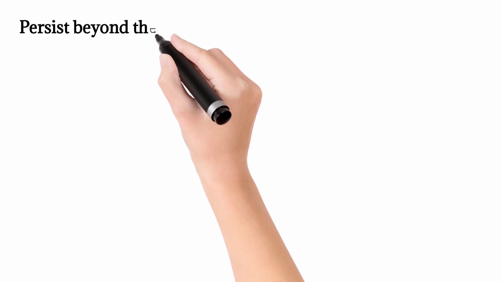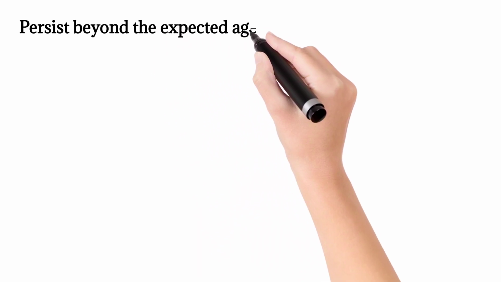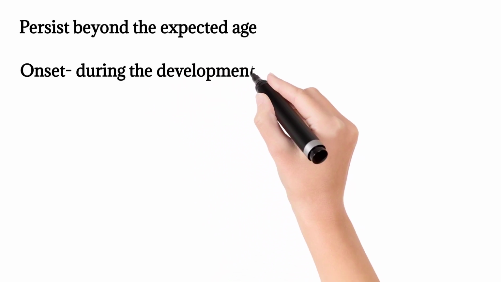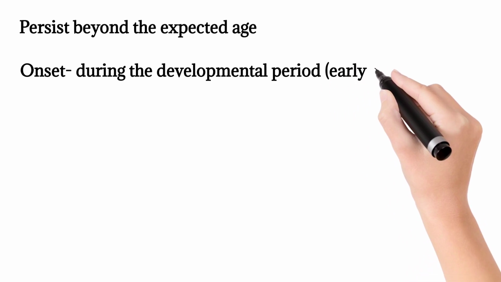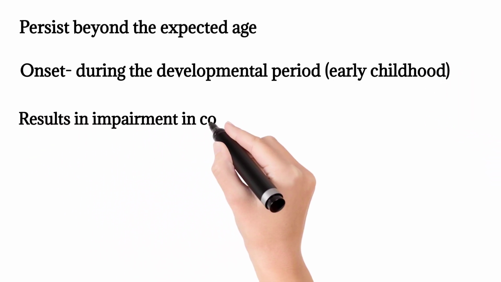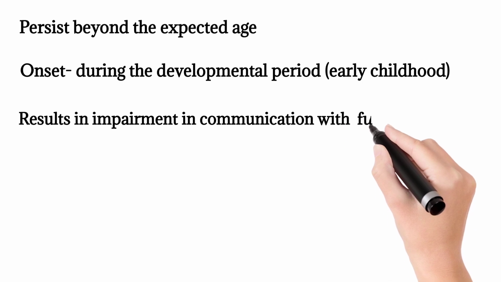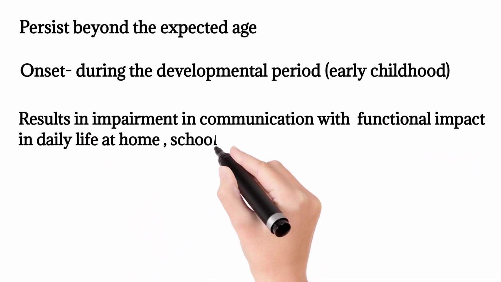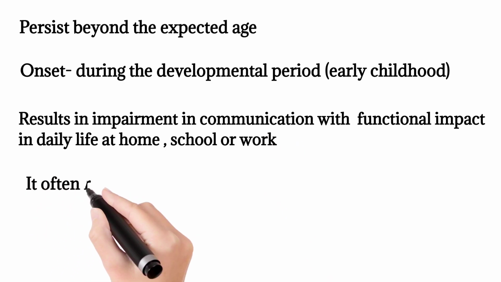It also persists beyond the expected age. Onset of language difficulties occurs during the developmental period, typically during early childhood, and it results in significant limitation in communication with functional impact in daily life at home, school, or work.